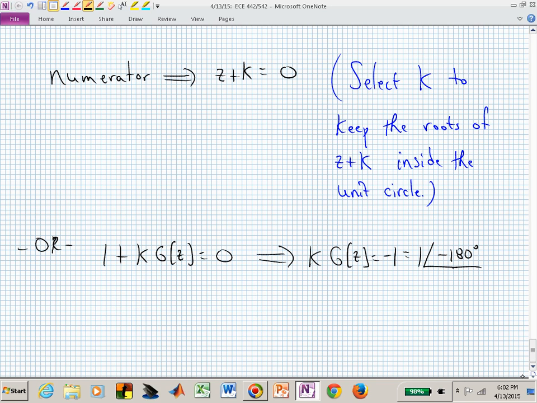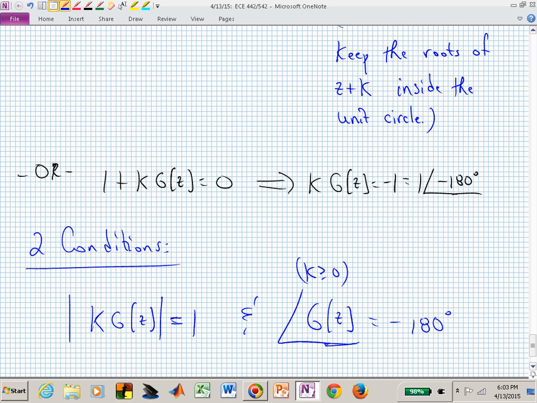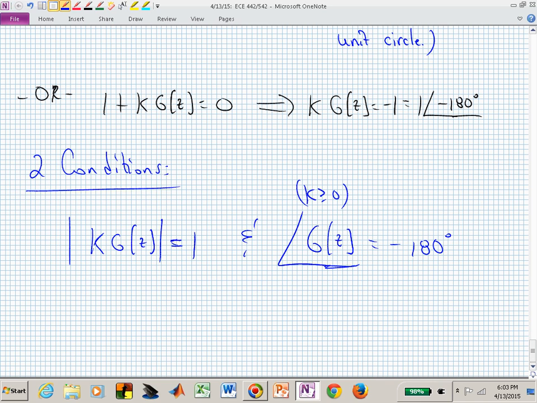That gives us two conditions that need to be satisfied that govern the closed loop poles of our system: the magnitude condition and the phase angle condition, which says if k is greater than or equal to 0, then the phase of g of z is minus 180 degrees on the root locus.